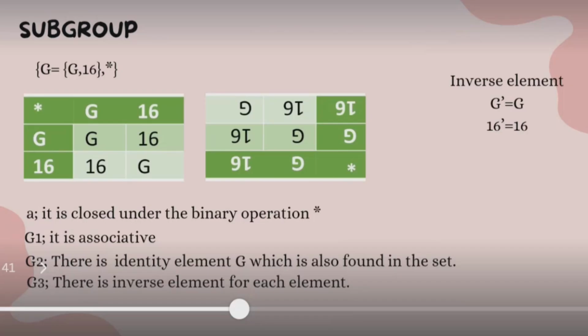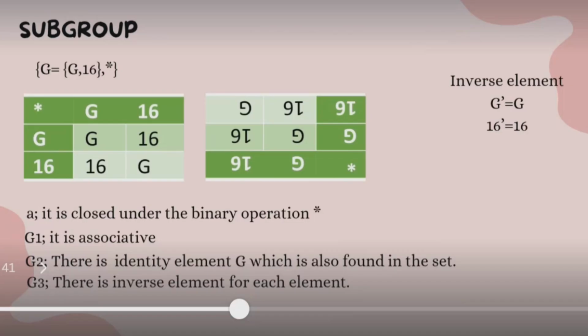It is also closed under the binary operation star and also associative since, as you can see on the figure, after rotating it 180 degrees, the result is still the same, and it also has identity element G, which is found in the set. And of course, it has inverse element for each element. The inverse of G is G and the inverse of 16 is 16.